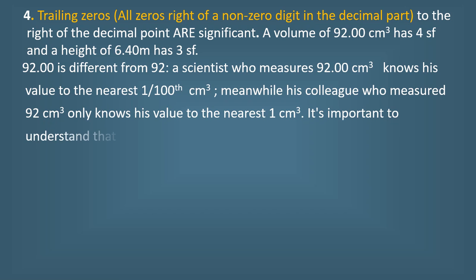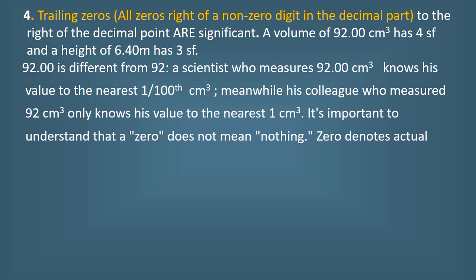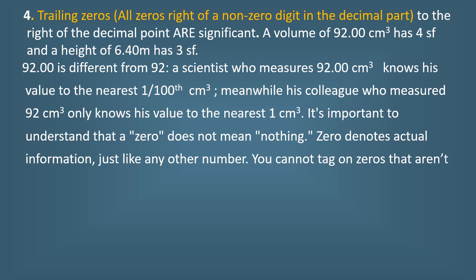It is important to understand that a zero does not mean nothing. Most of us think that the zero simply means it is nothing. Now, zero gives us actual information, just like any other number.